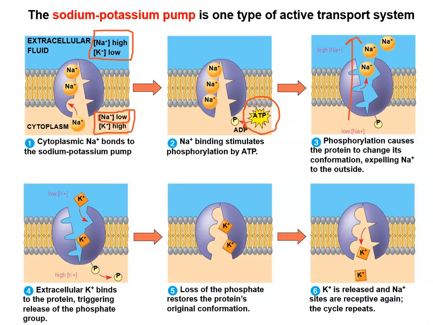So if, again, those ions of potassium are moving from low to high, there needed to be a source of energy. So that's where the release of the phosphate group comes in.